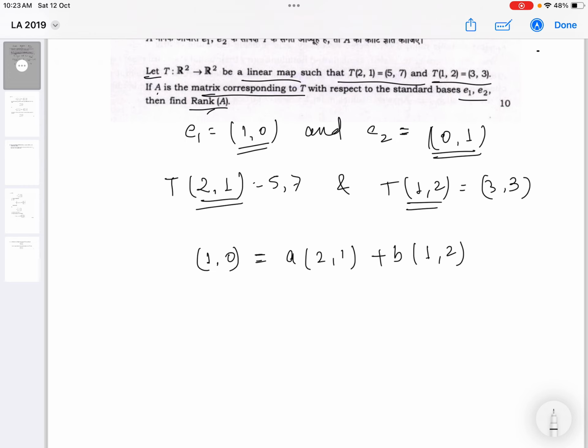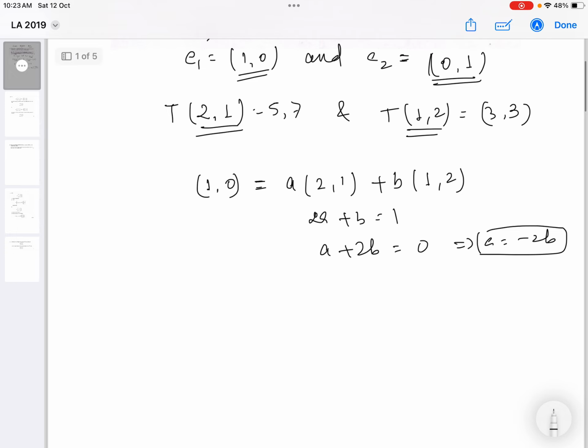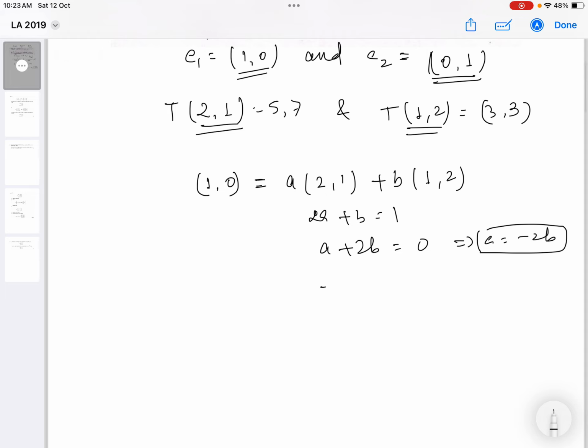So from here, 2a plus b would be 1 and a plus 2b equals 0. So from here a is equal to minus 2b. If we substitute here it becomes minus 4b plus b equals 1, so b will come out to be minus 1 by 3.